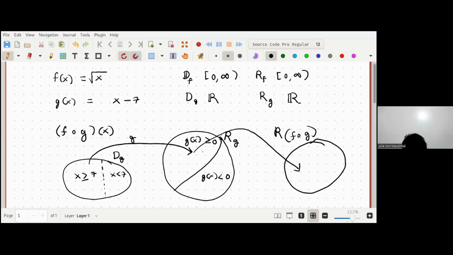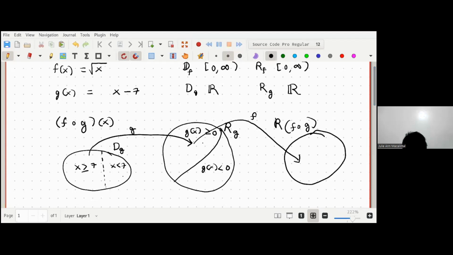And then once I have a result, I use the function f to carry me over to the range of f circle of g. Ngayon, what if x is less than 7? Tingnan natin. When x is less than 7, yung value niyan, dadalhin tayo dito sa part ng range ng g na negative yung values.